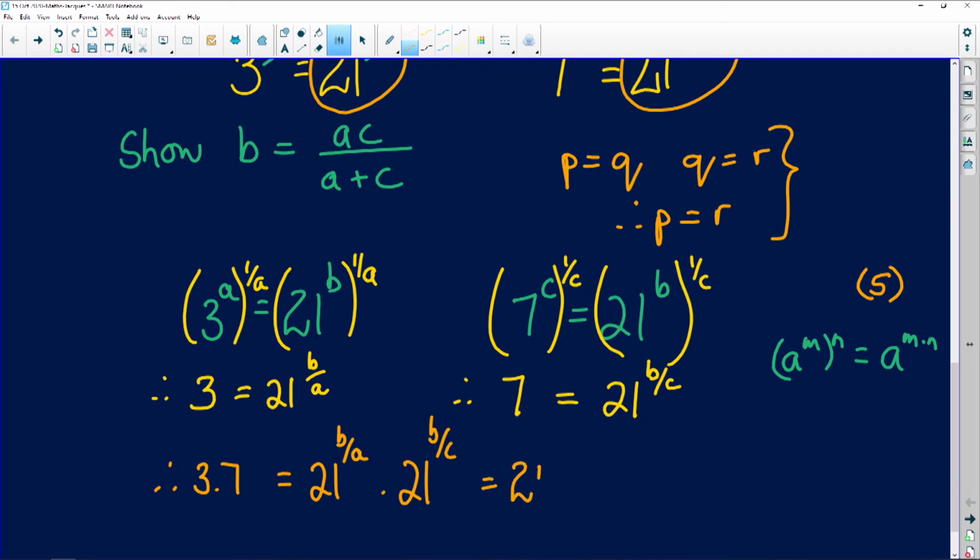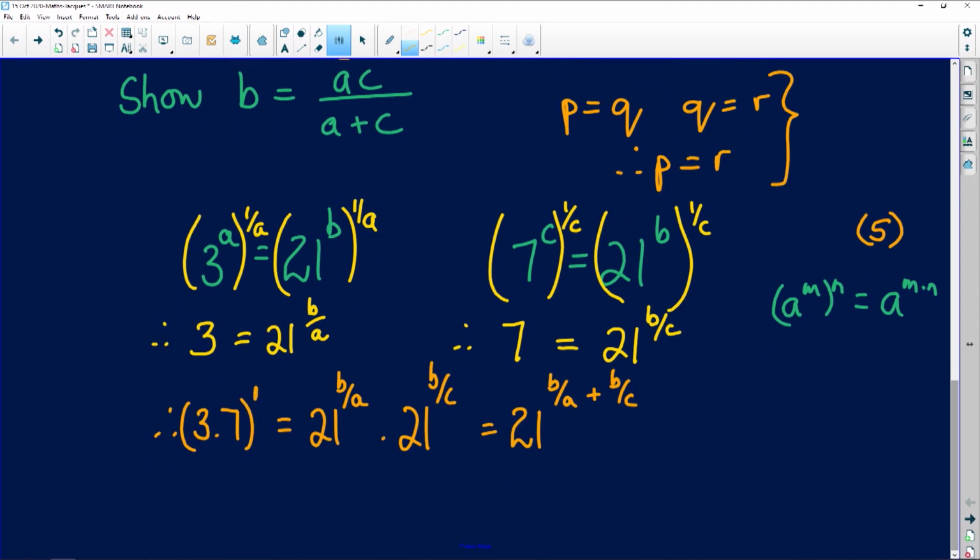So that's the rule we just mentioned. So we get B over A plus B over C. Now, folks, remember this is 21 to the power of 1. 3 times 7, nothing has changed there. It's still 21, like it's been billions of years ago.